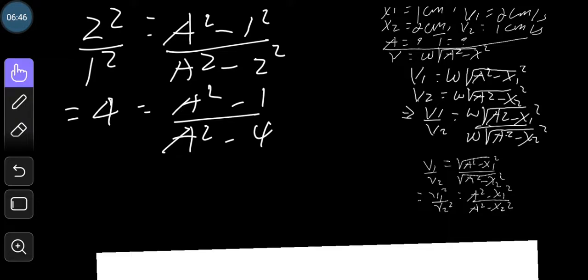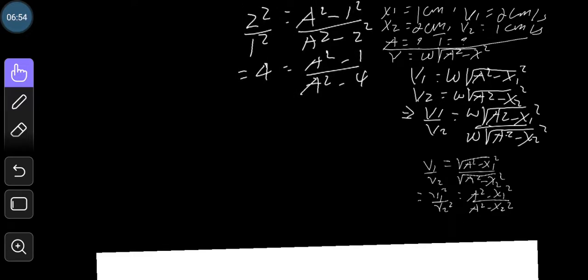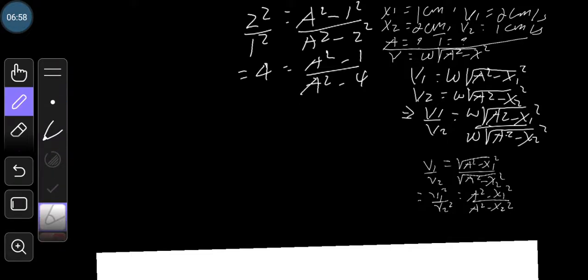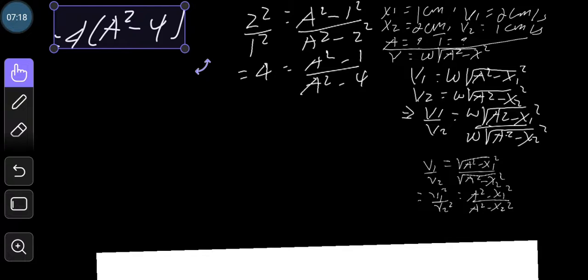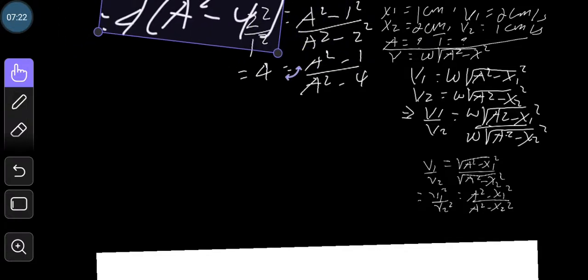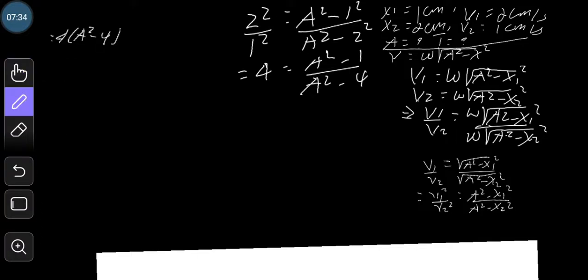Okay, then cross-multiplying, this is equal to 4 times (amplitude square minus 4) equals a square minus 1.